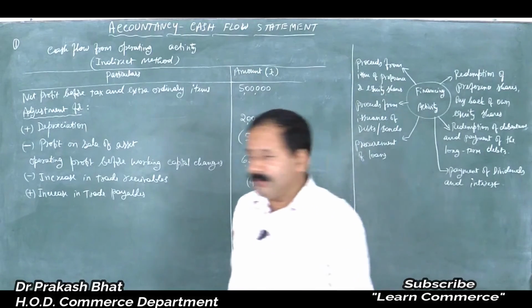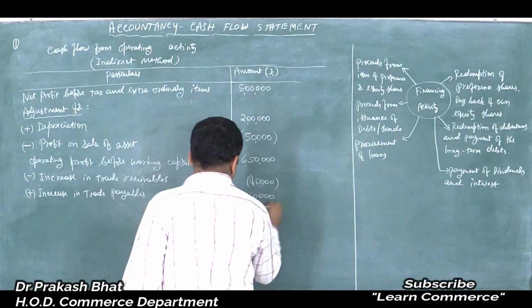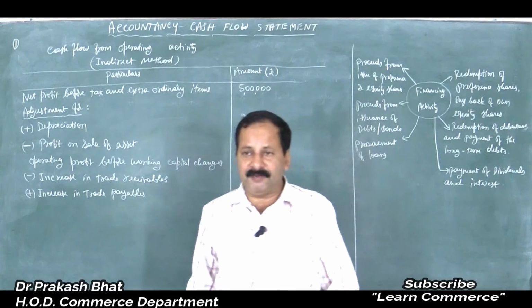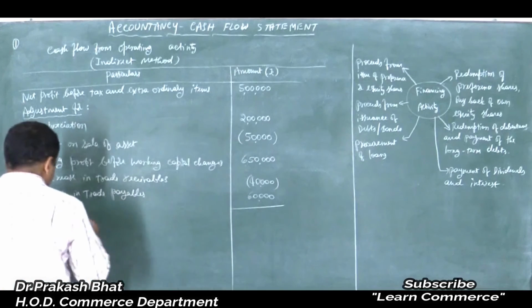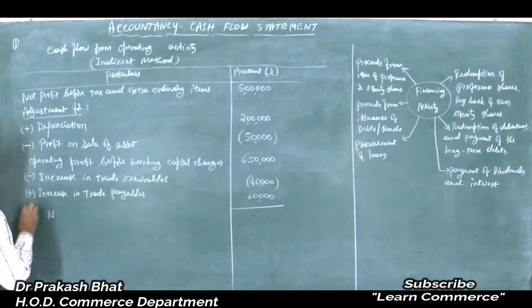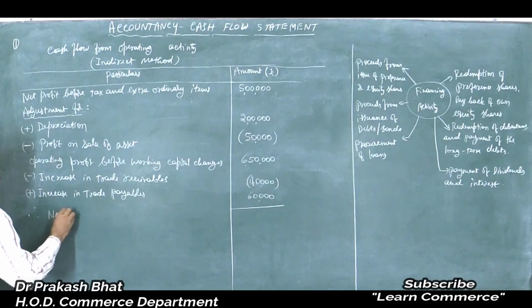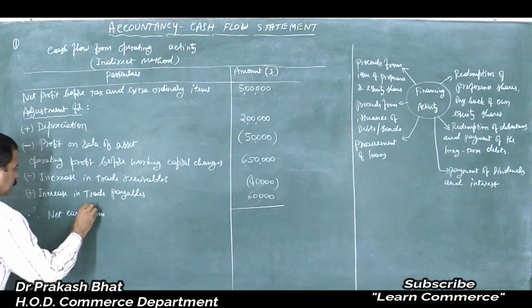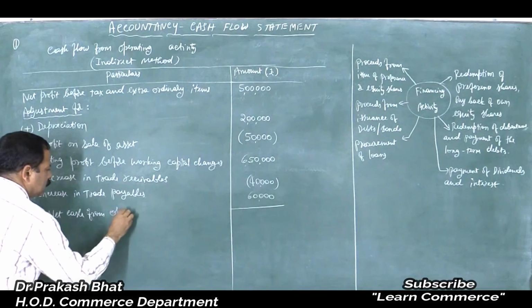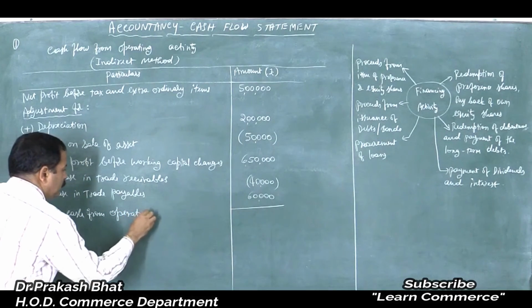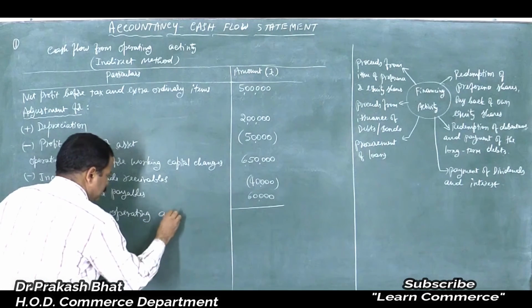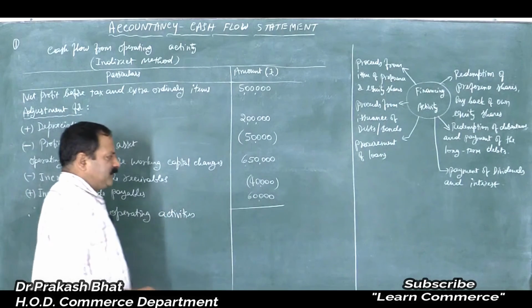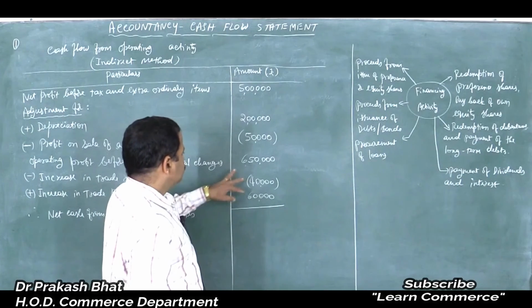Whatever you get is nothing but the net cash from operating activities. Therefore, net cash from operating activities. How much is it?